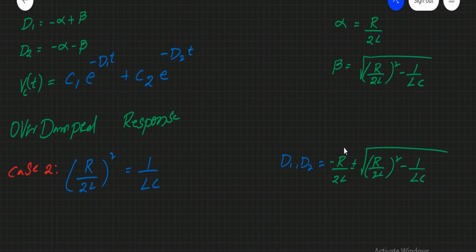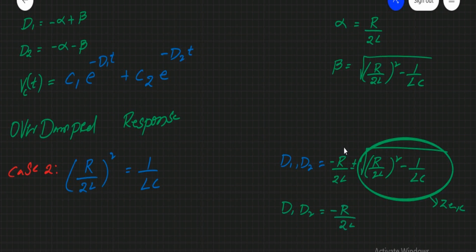If (R by 2L) whole square is equal to 1 by L into C, this total term becomes 0. So here you are going to get D1, D2 equal to minus R by 2L.